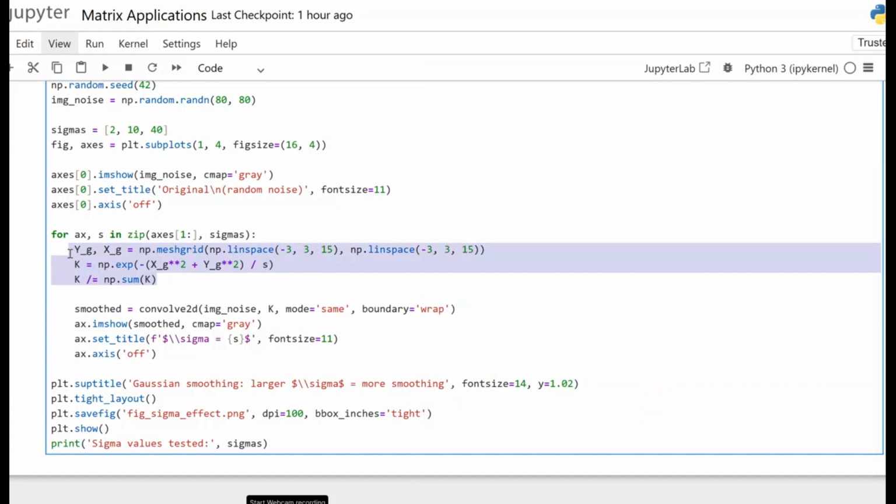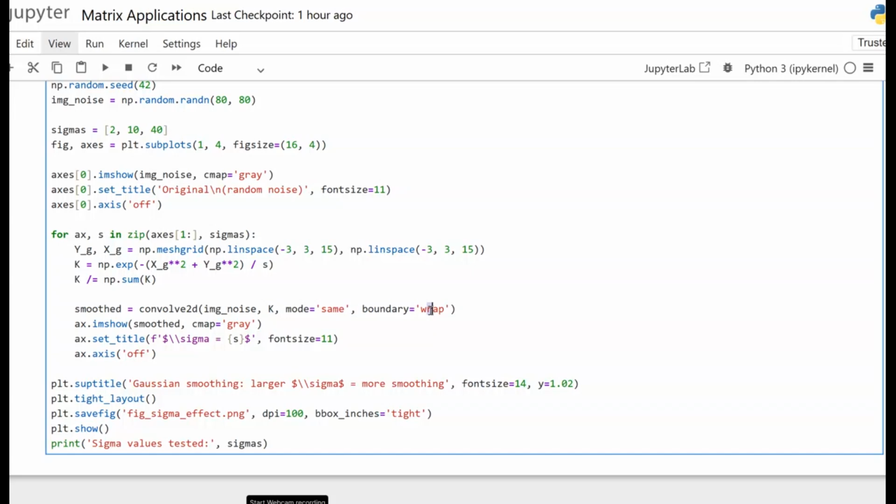Now let me go for smoothing. When we apply this Gaussian smoothing, each pixel becomes a weighted average of its neighbors. Here we have the boundary as wrap, so it treats the image as periodic, that is, edges wrap around.